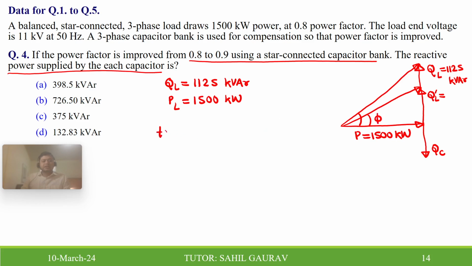So tan phi you can write as QL dash divided by 1500 kilowatt, and this phi is cos inverse 0.9.